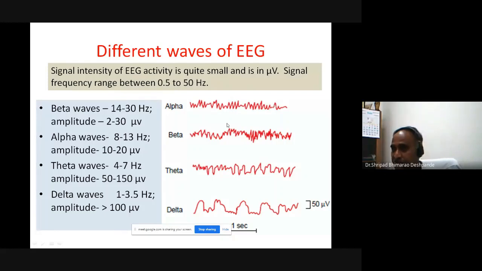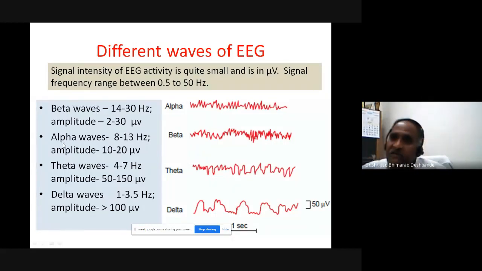So you have these frequencies ranging within the waves. These are the 4 different waves we record. First, we have taken the beta waves.